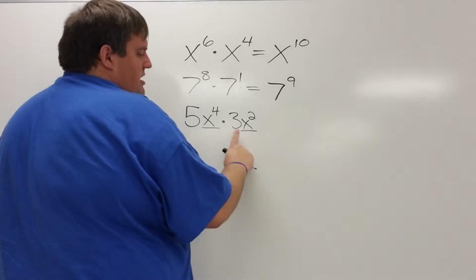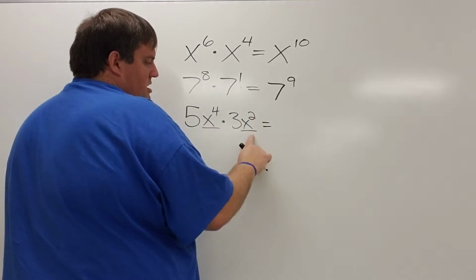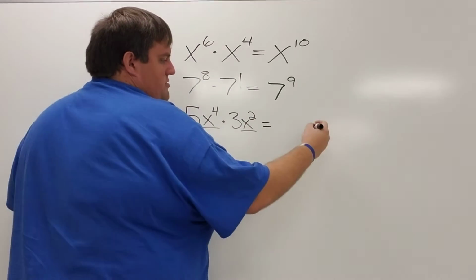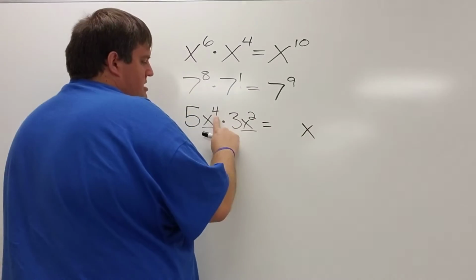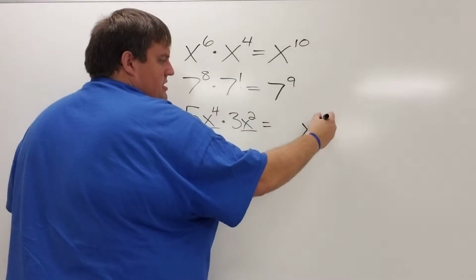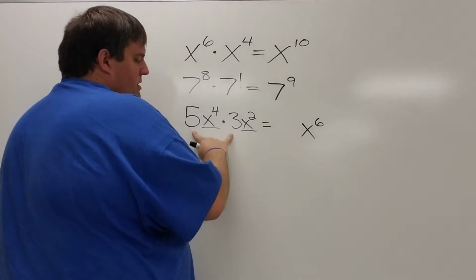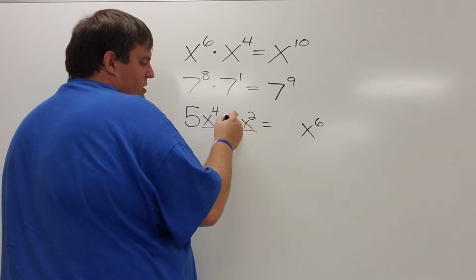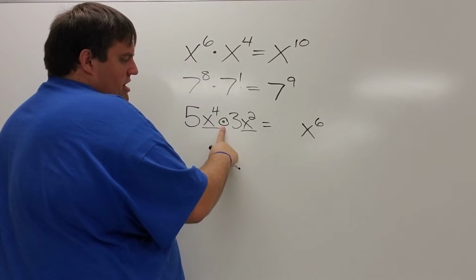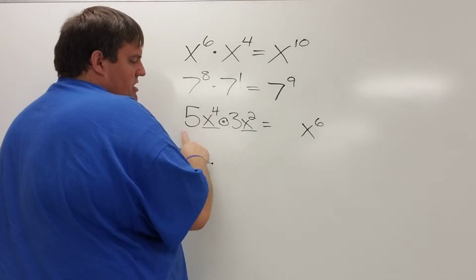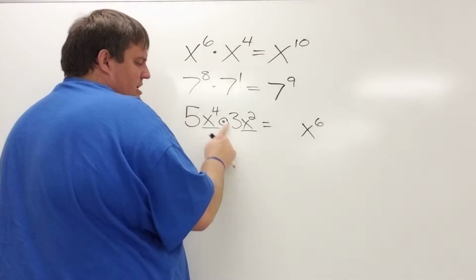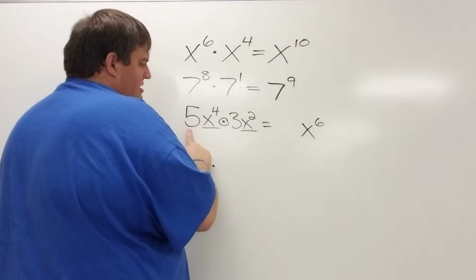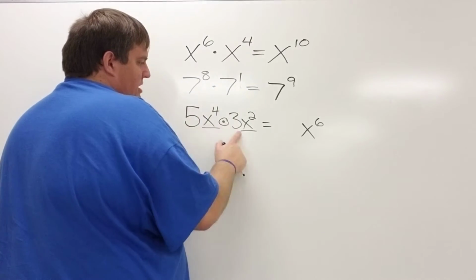So we can use our multiplication rule for the x's here. So we're going to keep the x, add their exponents, and then what are we going to do with 5 and 3? Well, don't forget what kind of problem it is. It said multiply. So with 5 and 3, they are like terms, but they don't have the same base.